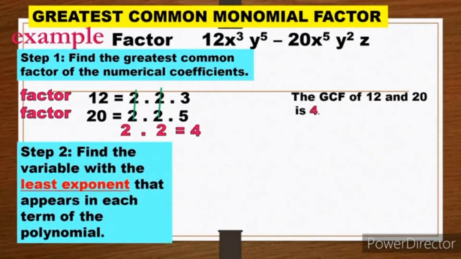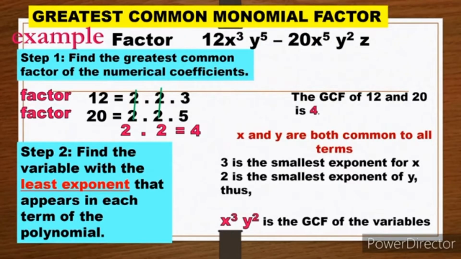Now let's have step number 2. Find the variable with the least exponent that appears in each term of the polynomial. Ibig sabihin, hanapin natin yung variable na may pinakamaliit na exponent.